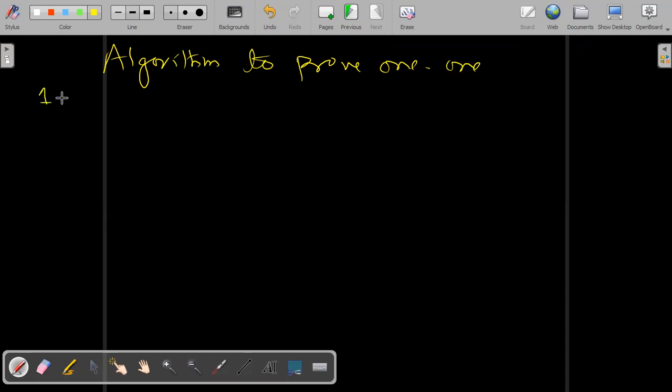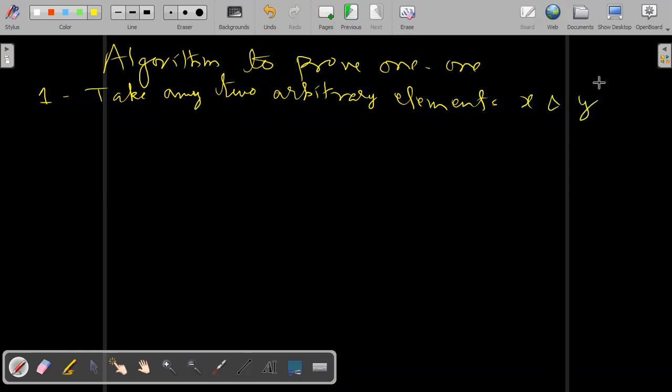First step: take any two arbitrary elements x and y in the domain of the function f.